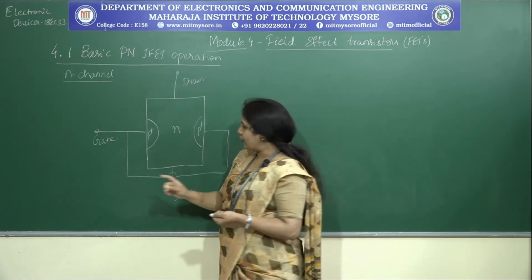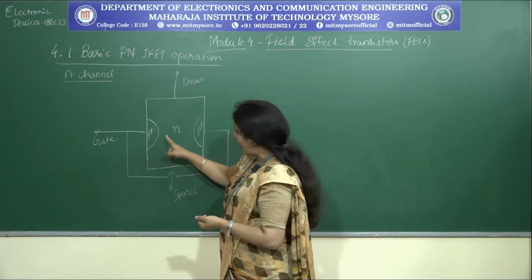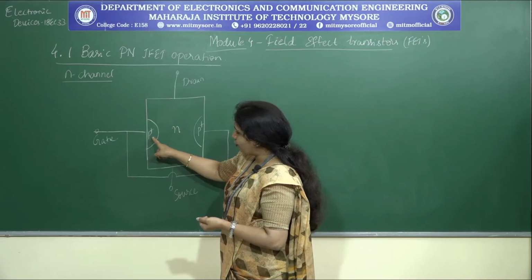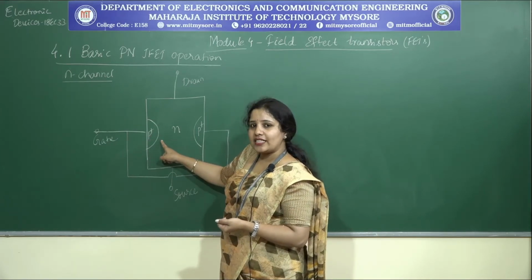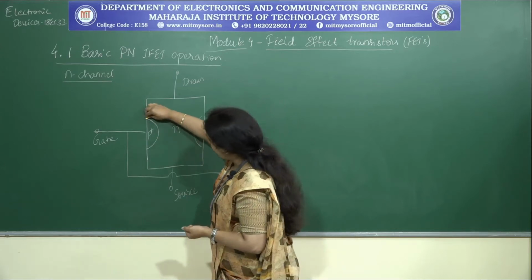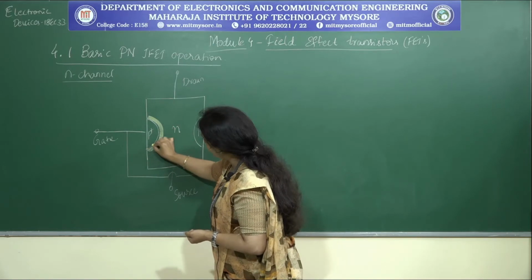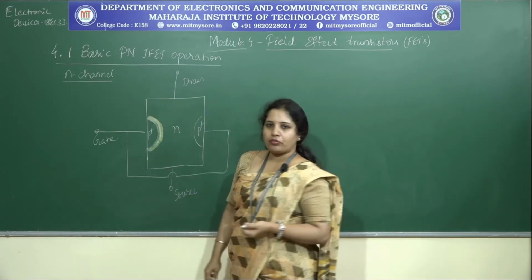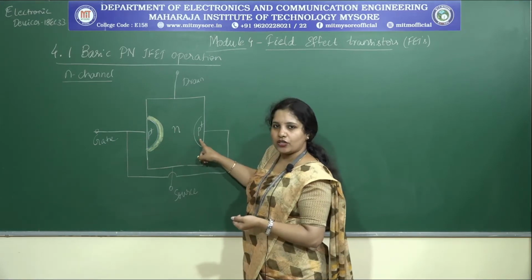Now, as you can see, there is a P plus region here and an N region. Whenever we have two different regions of semiconductors, what exists between them? Obviously, there has to be a depletion region, or a space charge region, and that is what I am trying to represent. Similarly, we have an N region and a P plus region here.